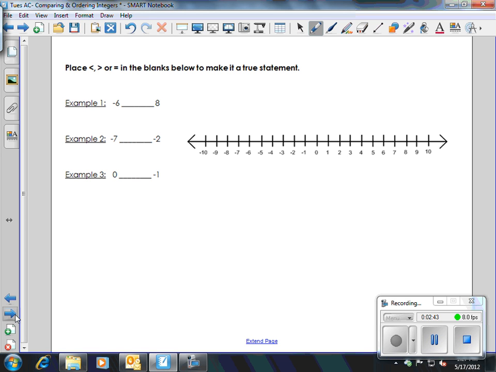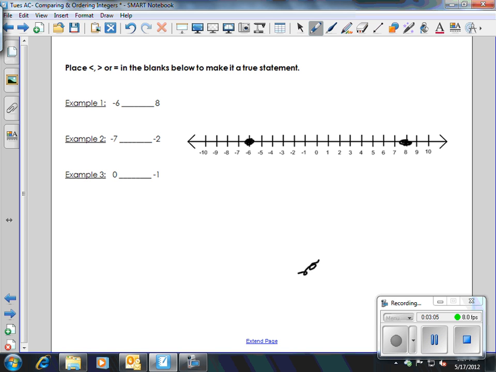So -6 and +8. -6 is right here. That is +6. -6 is right here. And +8 is right here.